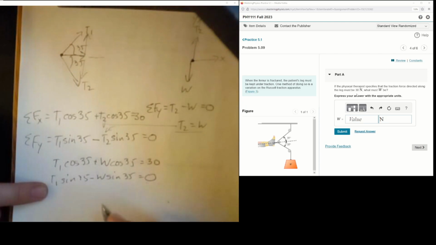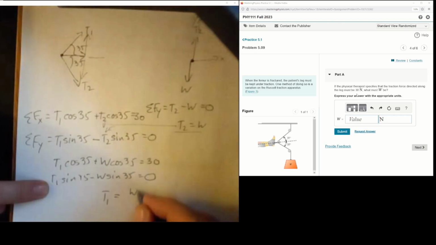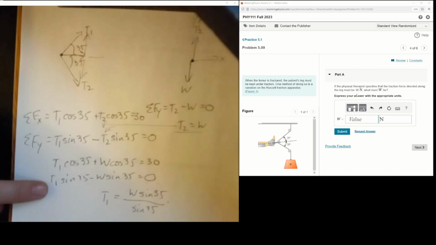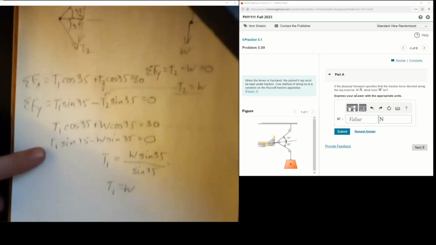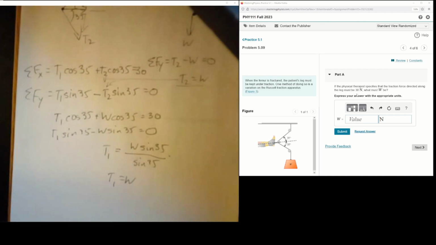I'm going to choose the bottom one to solve for T1 because it's a little bit easier. So move the W sine 35 to the right side and then divide by sine 35. And we actually get that T1 equals weight.